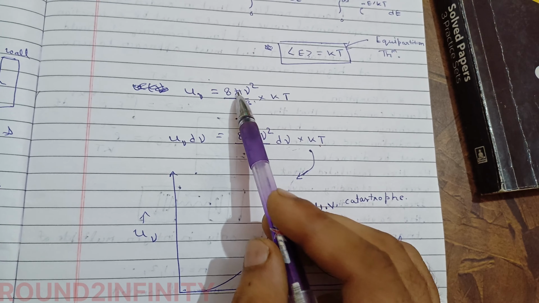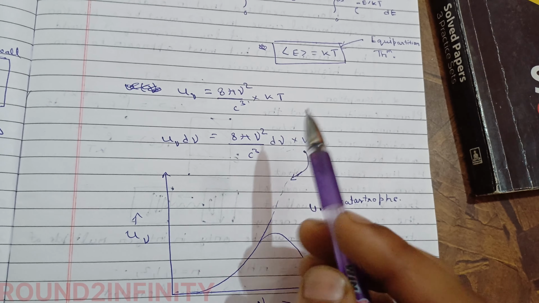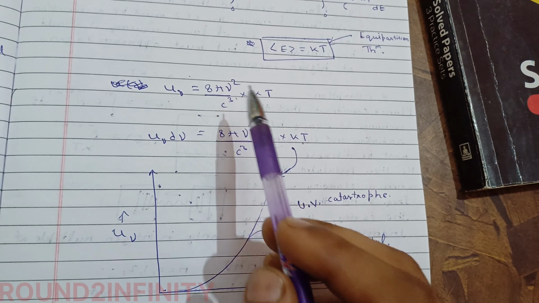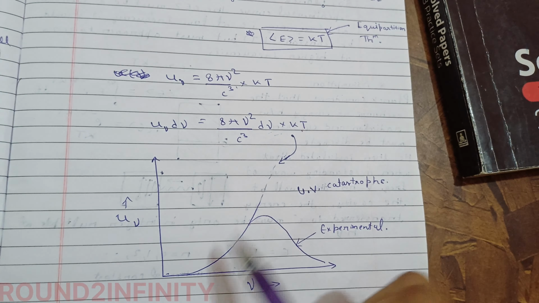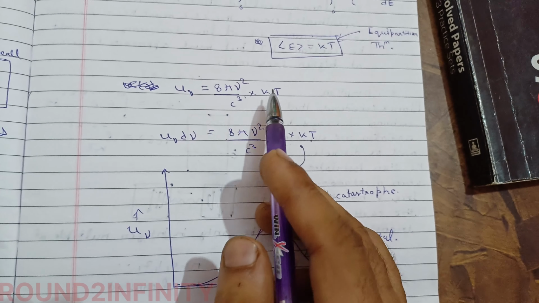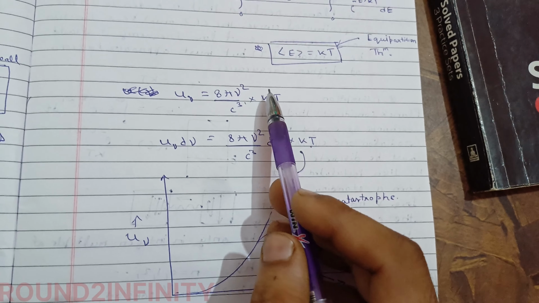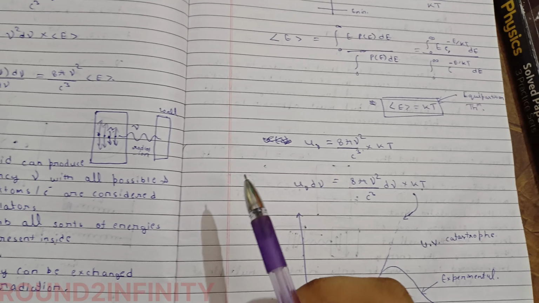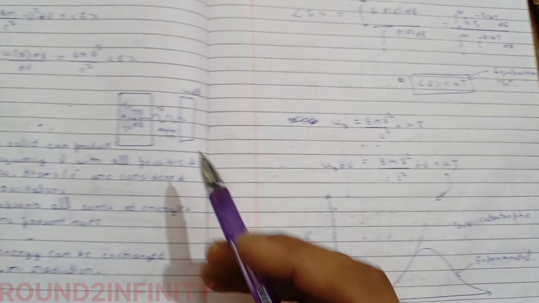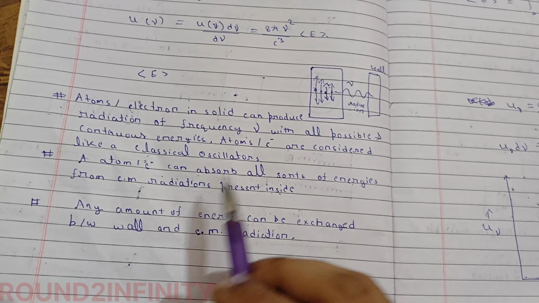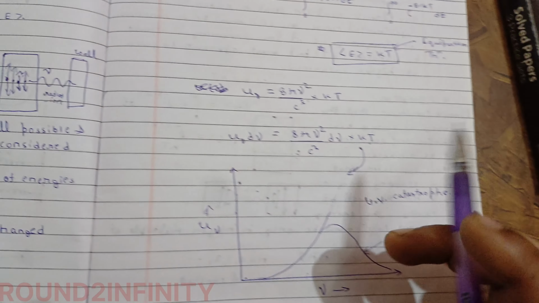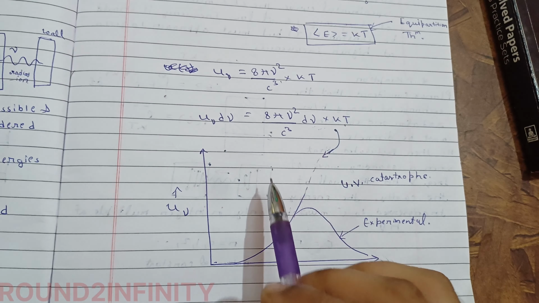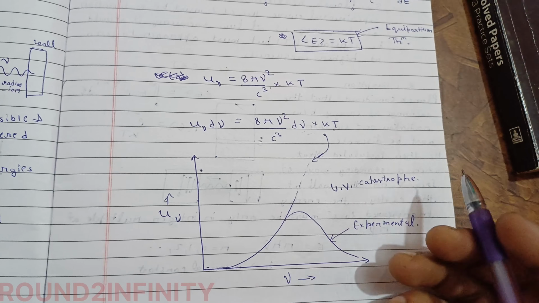So we are getting this because of this, and so there must be something wrong in the other term. We also considered the average energy with all possible things, meaning this is classically true. With these assumptions we are bound to get this result only, but this is not the real condition, because experimentally we get something else.